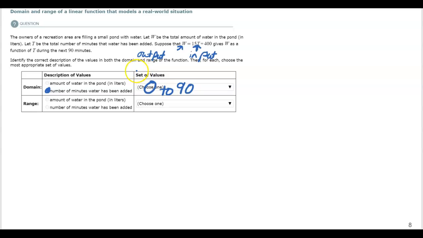My output is W, the amount of water in the pond.